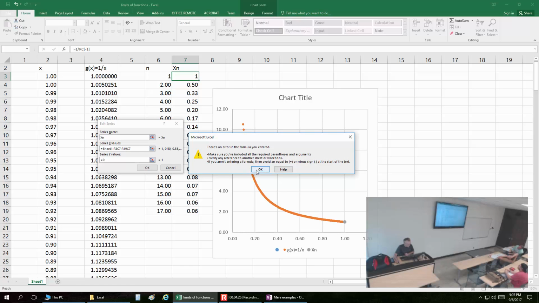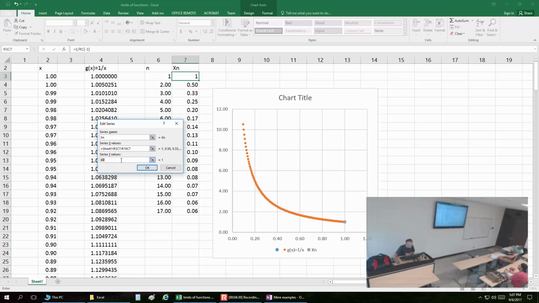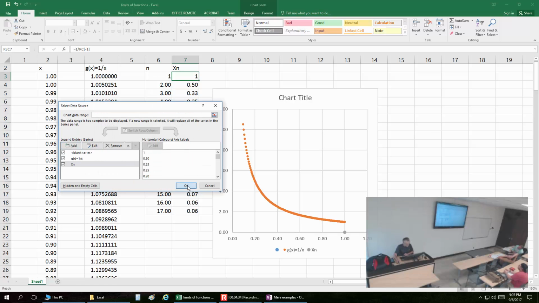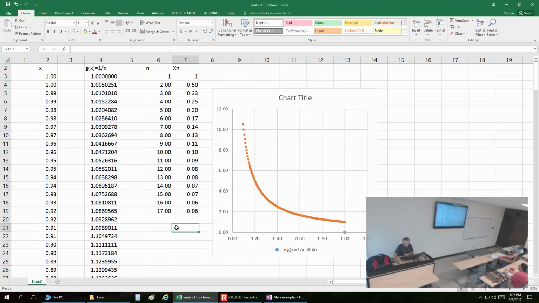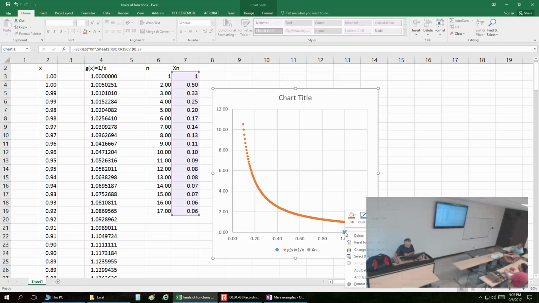Well, maybe not. Now let's just put 0 there. Let's see, where is it? No. I can see only one point for some reason. So these are the points, but it doesn't quite understand.